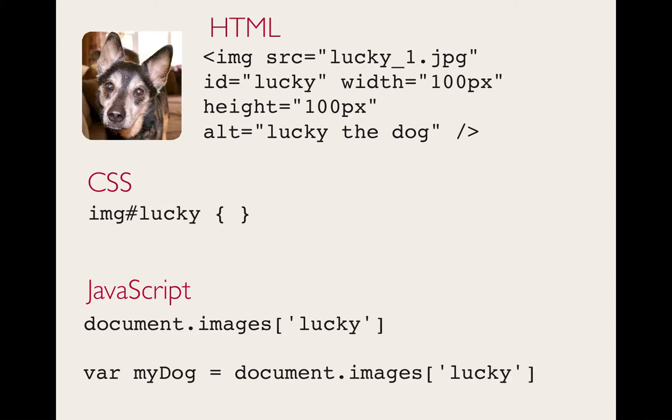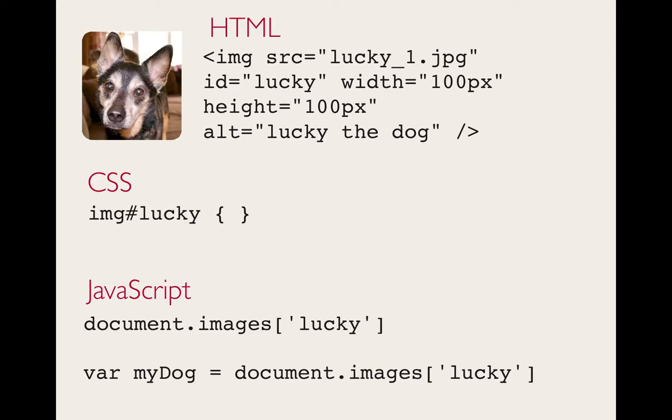You always have an alt tag with images for screen readers, for those who are disabled. Now the CSS to point to this tag with an ID of Lucky is just img#lucky. Some people say hash instead of pound, but it's basically image pound Lucky. That's the way in CSS you would target that HTML tag, the unique identifier of Lucky.